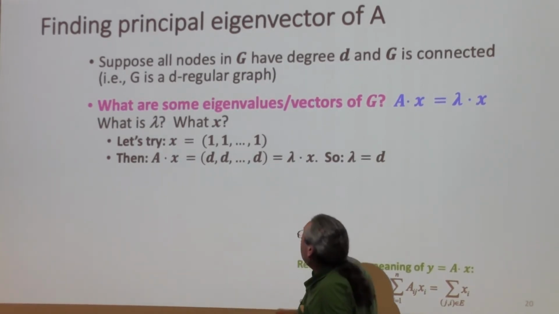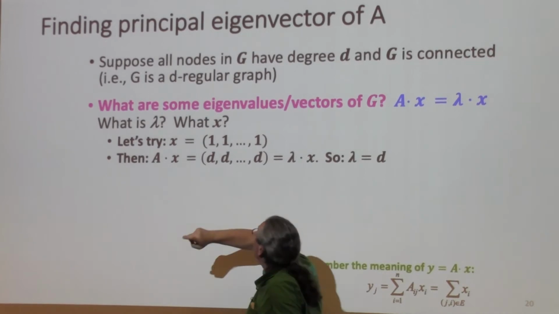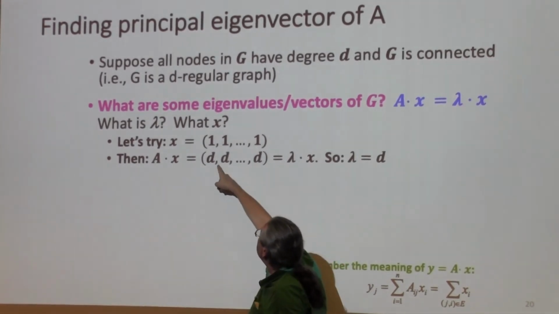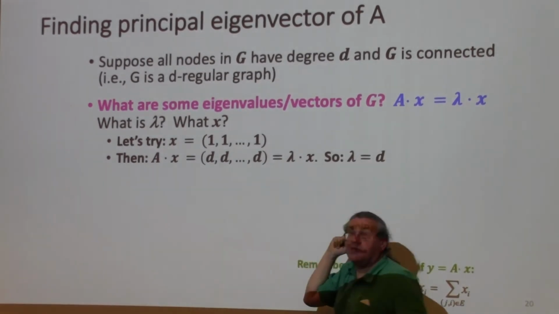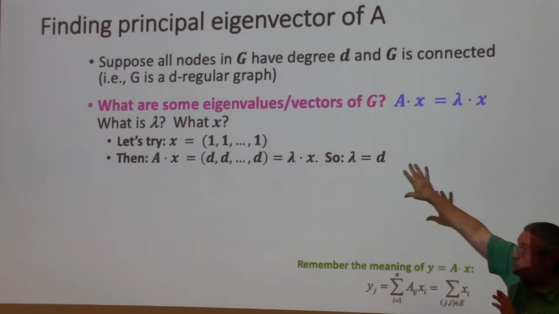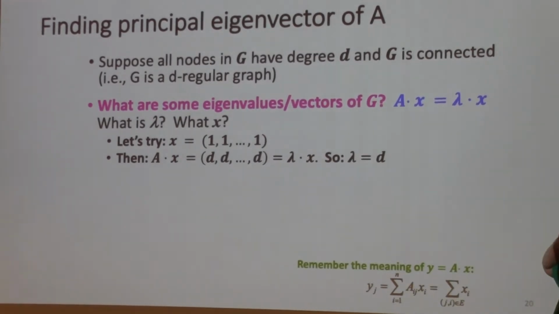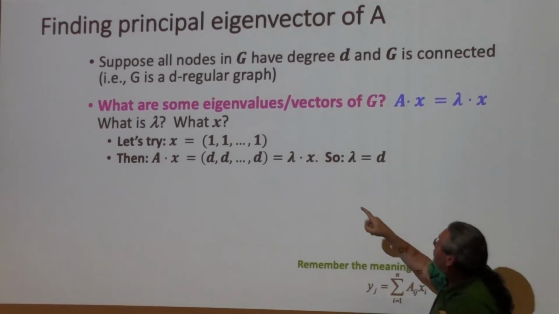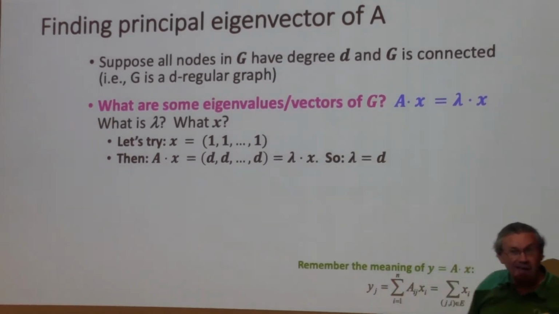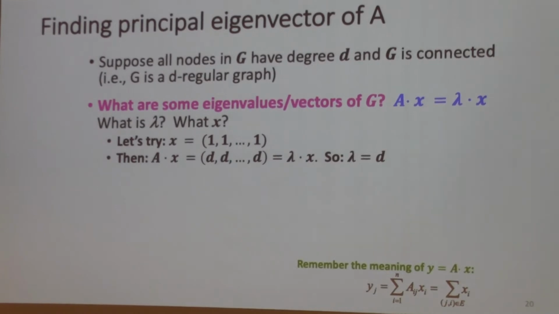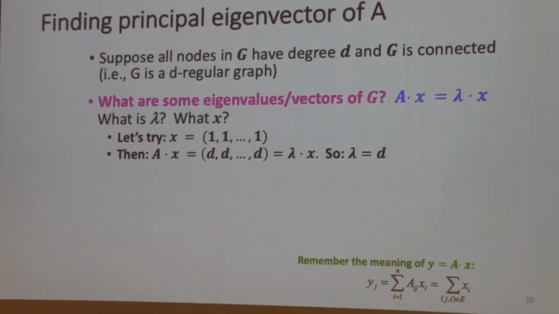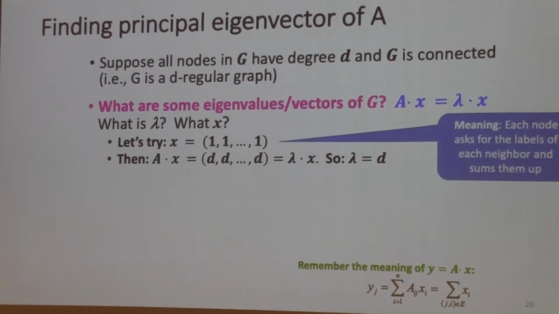And if you add them all up together, you get D. And for all of them, you will get D, D, D, D, D. You will get all D's for this special graph. Remember, this is a D-regular graph. So for a D-regular graph, D is actually an eigenvalue. This degree actually means something on the graph.